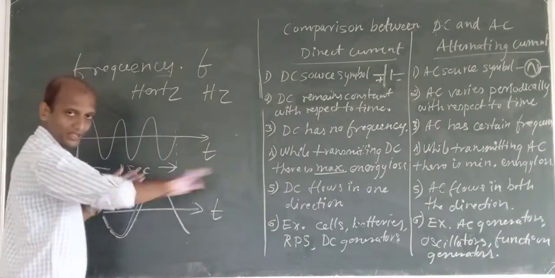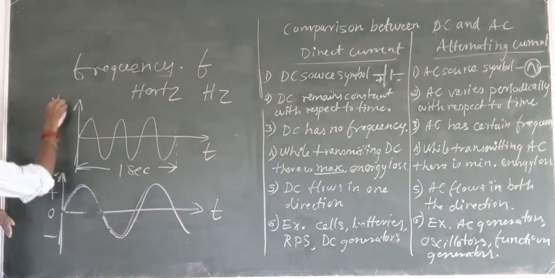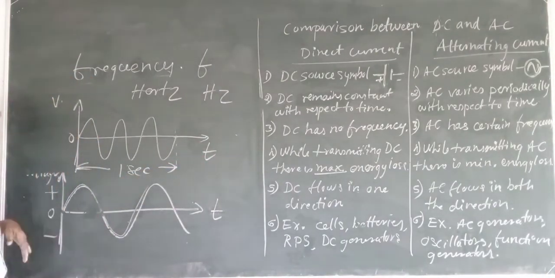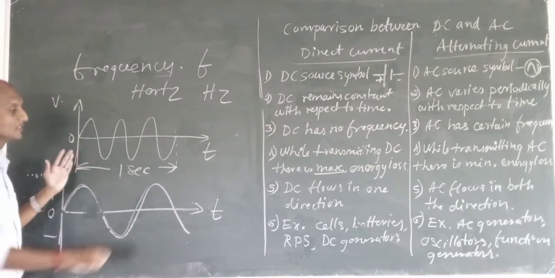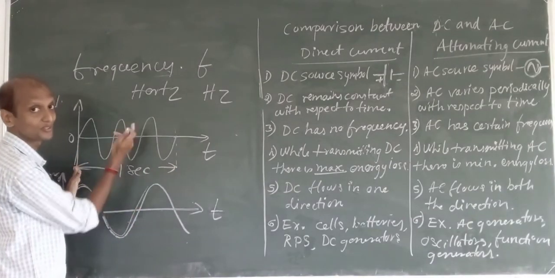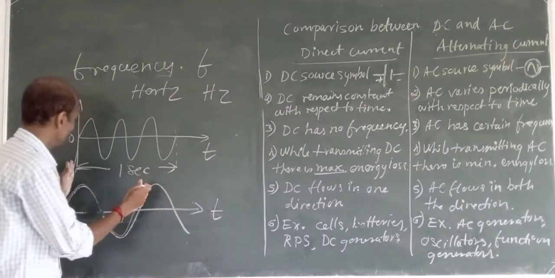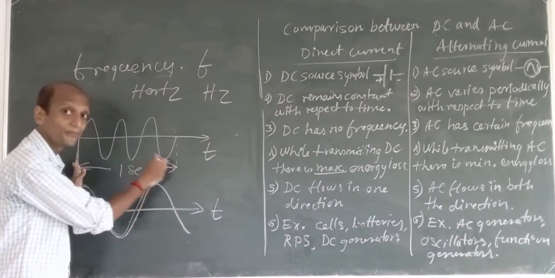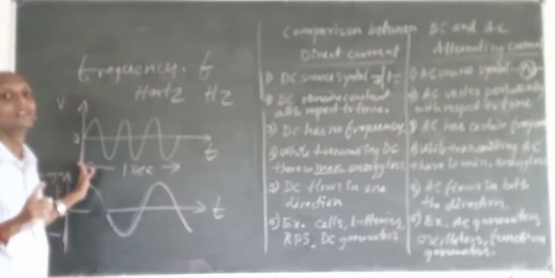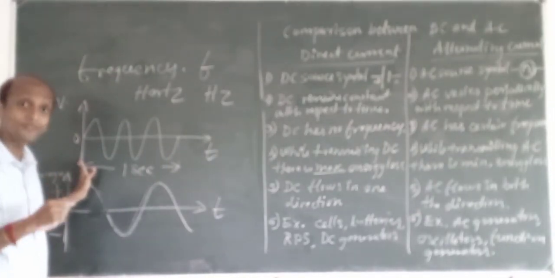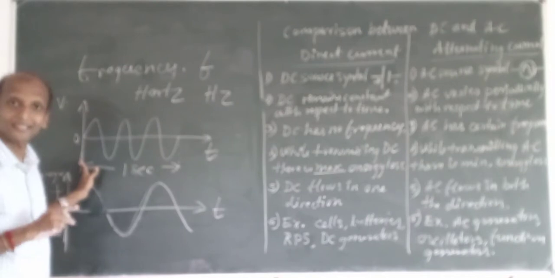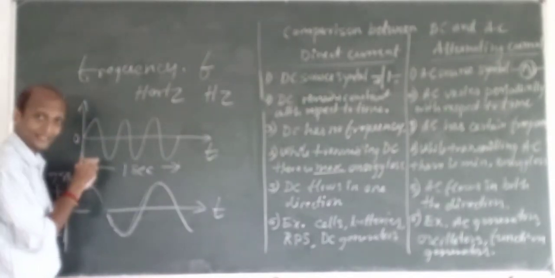This is with respect to time, isn't it? This is your current representation. Here is your 0, and here is 1. So this duration is 1 second. How many cycles have come in 1 second? From here to here it is 1 second. Our frequency is the measurement of the number of cycles in 1 second, isn't it? So how many cycles have come here?